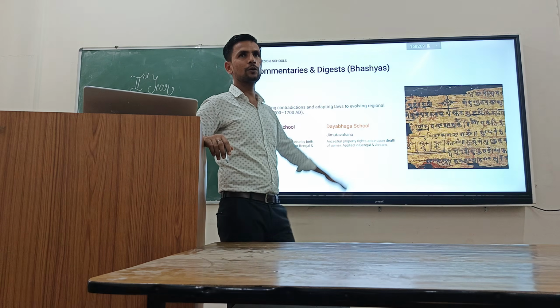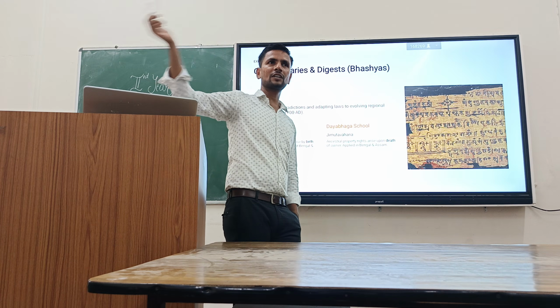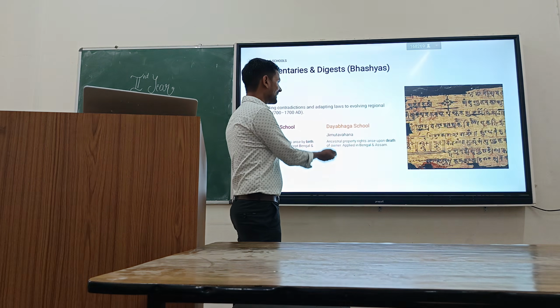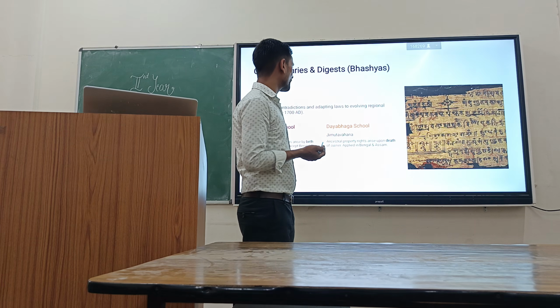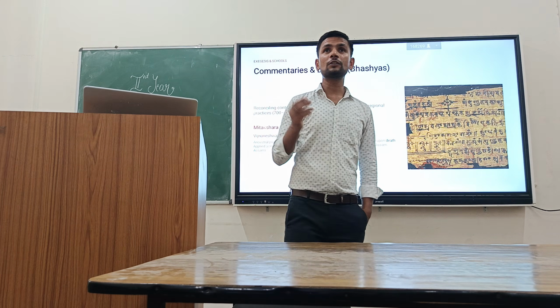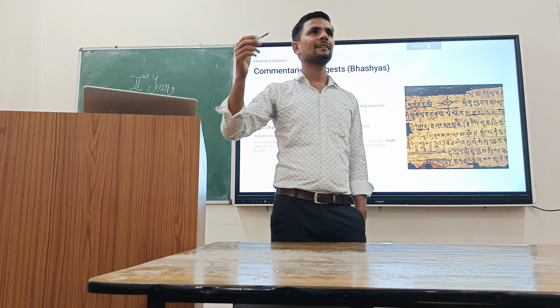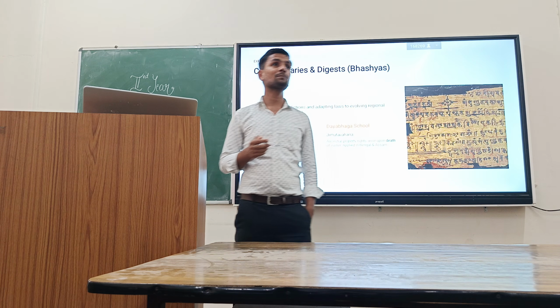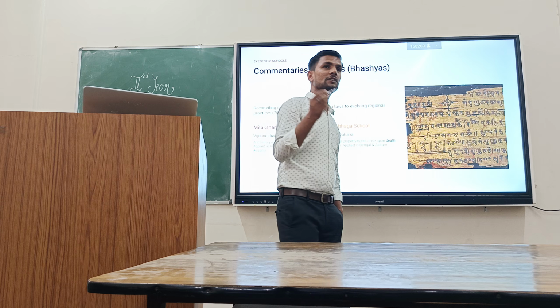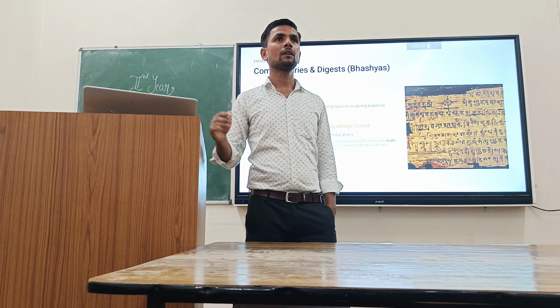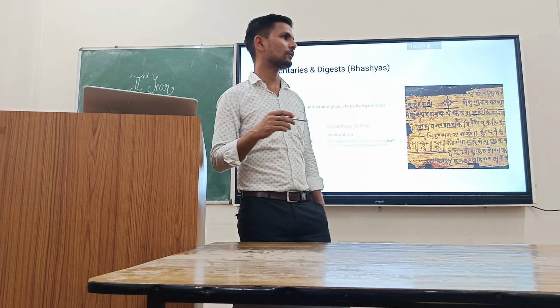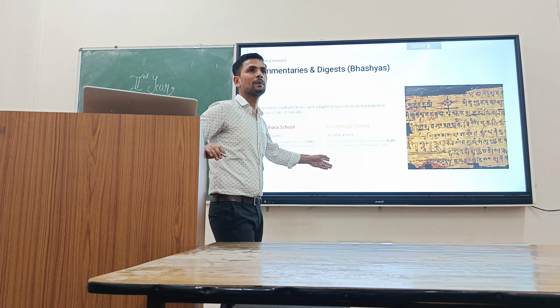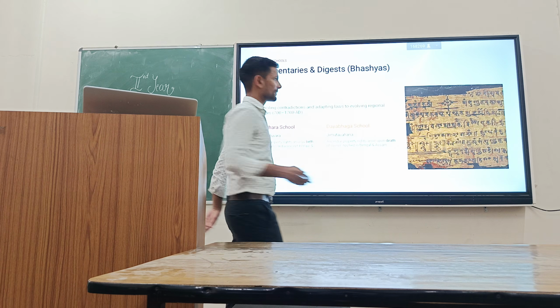The Dayabhaga school is followed in Assam and Bengal, and in this, the ancestral property right goes to the heirs after the death. Or we can say that if a particular person performs the rituals or the last sanskar of that person, then the property can go to that person.